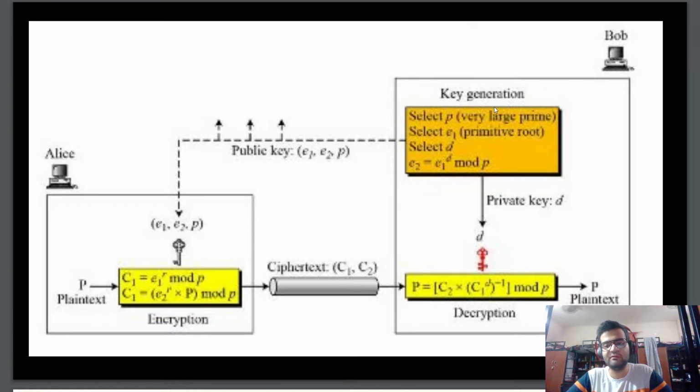He selected P, which is a very large prime number, and he selected E1, which is a primitive root, and then he selected D. So E2 was equal to E1 to the power D mod P, and then he got this private key D, and using this private key D, he was able to get the plain text from the ciphertext.